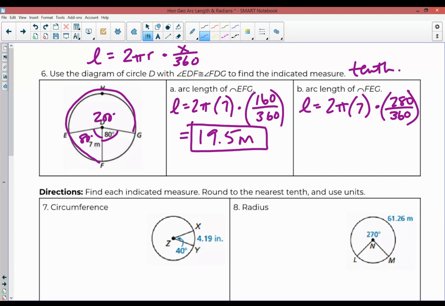That's 14 pi times 280 over 360, so that'll be 34.2 meters. That makes sense. We're traveling a further distance this time rather than a shorter distance with a smaller angle. So hopefully you see those differences there.